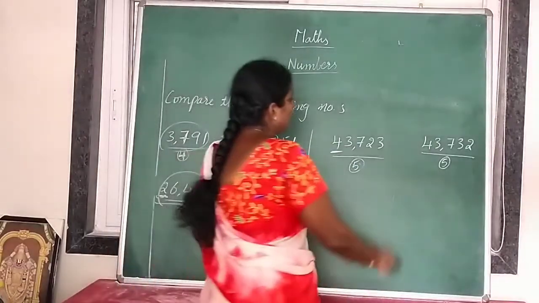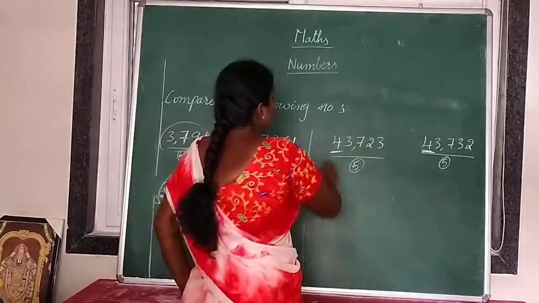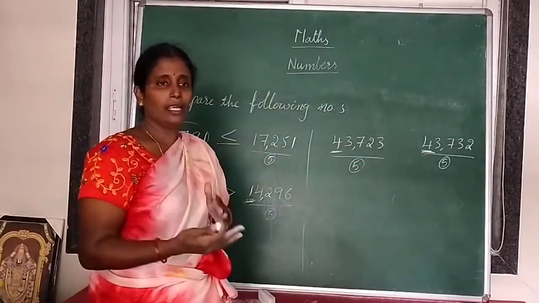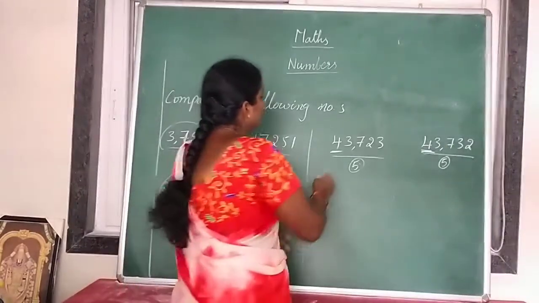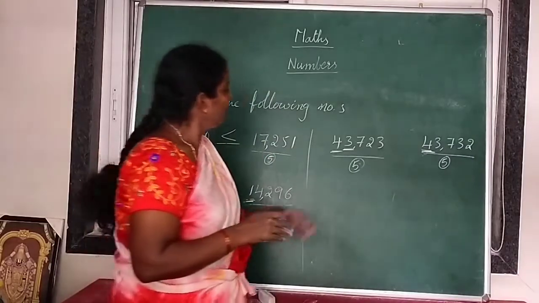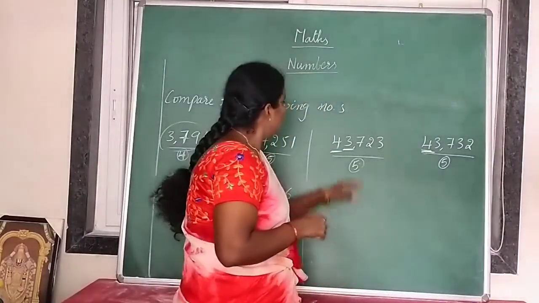4. And here also 4 10,000s. Both are same. So 10,000s are same, so go for the thousands place. If 10,000s place digits are same, then we have to compare the thousands place digit. Next digit, 3.